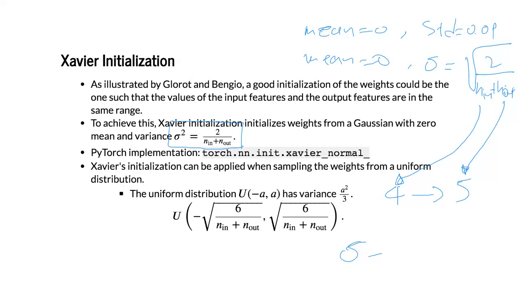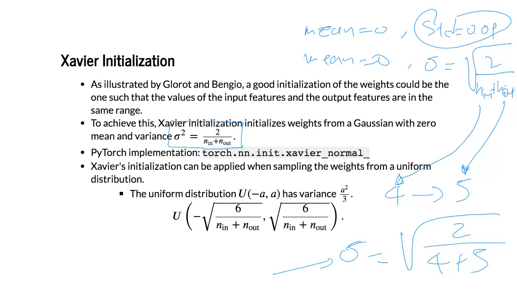Then sigma will be the square root of 2 over 4 plus 5, okay? So instead of using the previous value, you're using this value over here. This is for initializing from a normal distribution. You can do something similar if you want to initialize from a uniform distribution, okay? So that's how you initialize in a much better way. This is called the Xavier initialization.